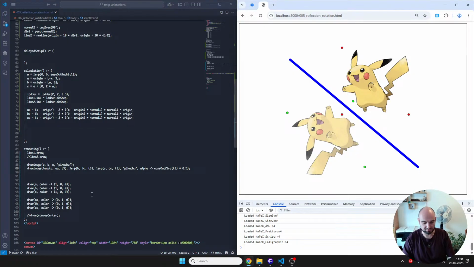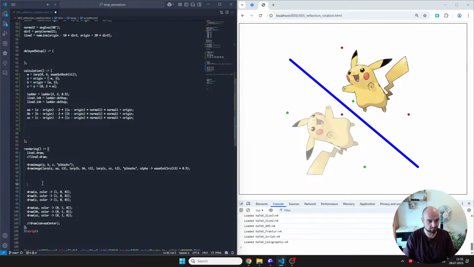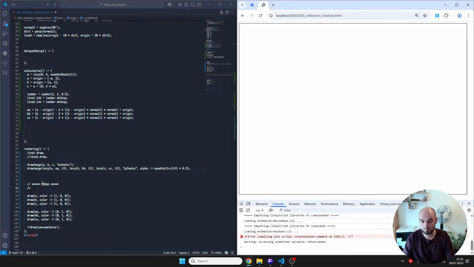Or 50%. Fantastic. That looks beautiful. And now we can get rid of our debug points. So let's make this clear. Right. Not good practice, as I imagined.